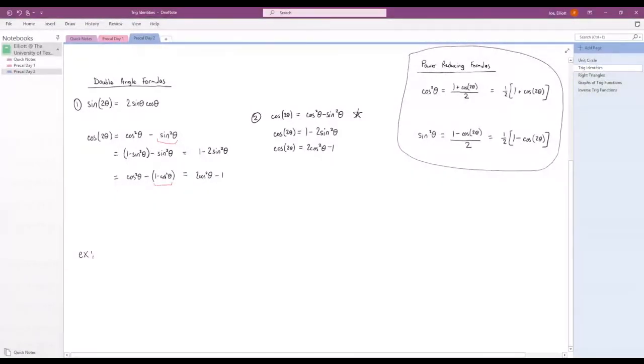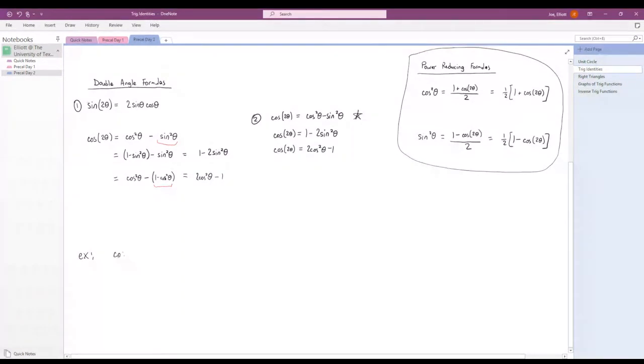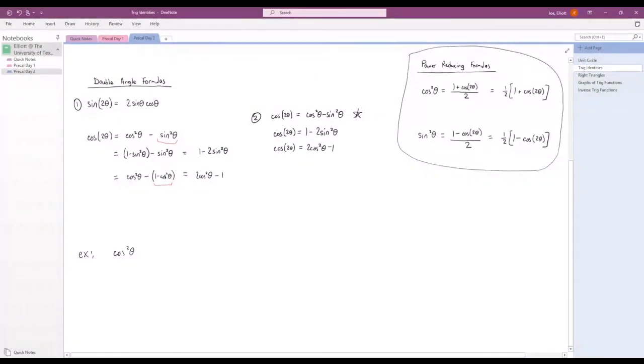Let me see here. Let's do this equation. I think Les will post that.